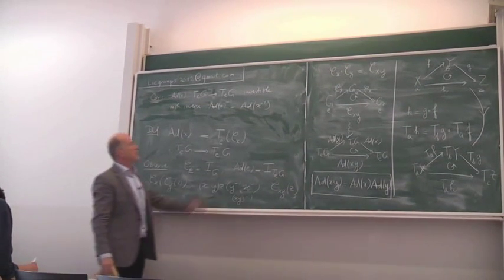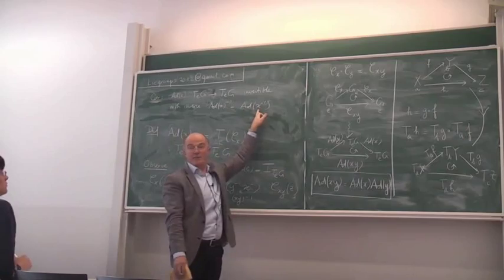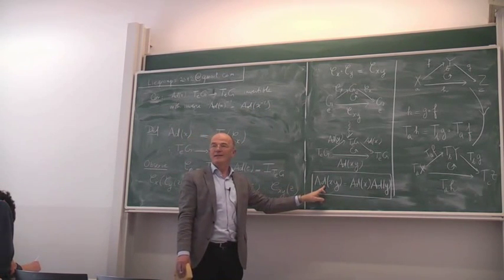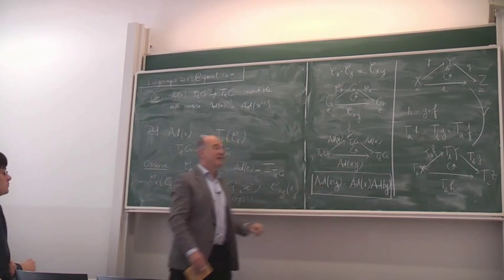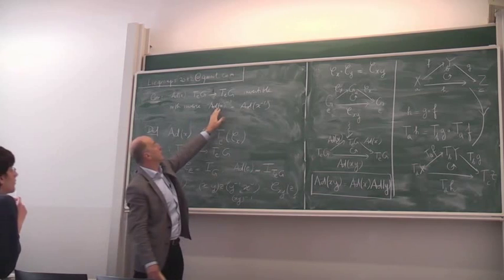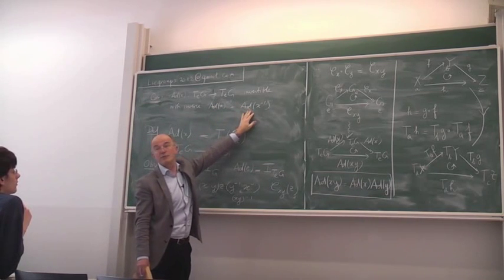I mean, this map exists because this inverse element in the group exists. And if we apply this formula from two sides, and we know that Ad of e is the identity map, we see that Ad of x is invertible with this as its inverse.